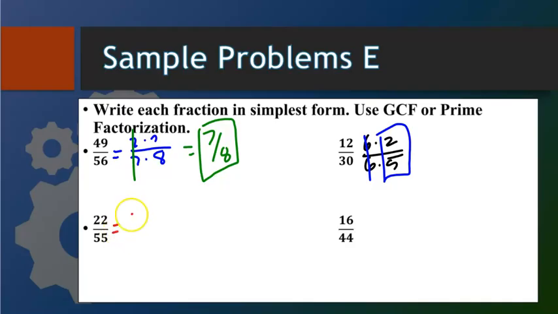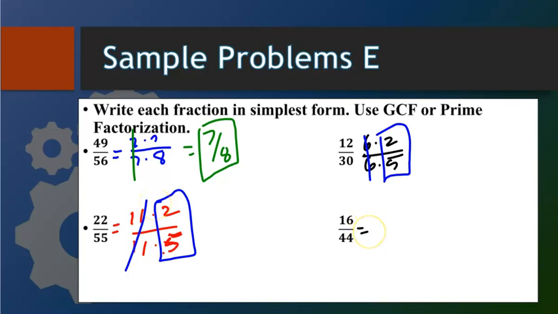This would be 11 times 2, and the denominator would be 11 times 5. The 11s divide out, and I'm left with 2/5. Next, let's do 4 times 4, and the other one would be 4 times 11. The 4s divide out, and you're left with 4 11ths.